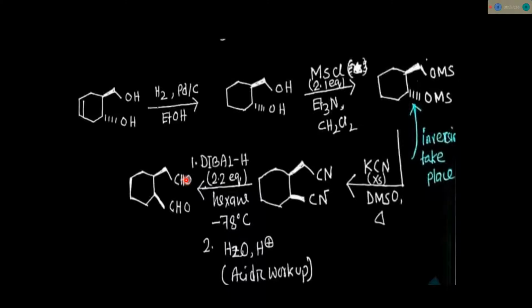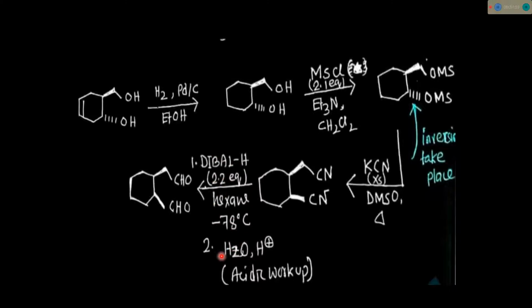But at minus 70 degrees centigrade, the cyano group also transforms into an aldehyde in presence of DIBAL-H. And for this transformation there is also a need of acidic workup. So this 1-2 step, to convert cyanide to aldehyde in presence of DIBAL-H reducing agent, we need an acidic workup.